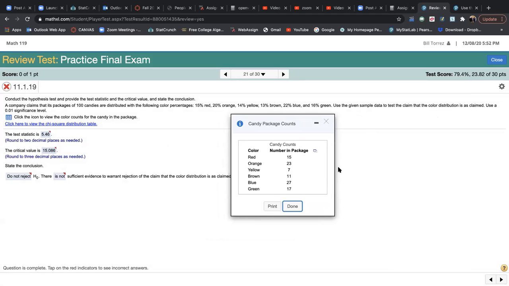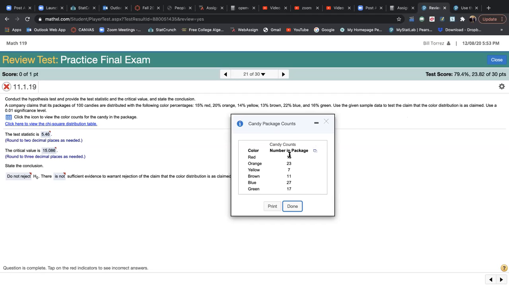Okay, all right. So let's compare the candy counts here with these given percentages up here: 15% red, 20% orange, and so on. These are the expected frequencies up here.